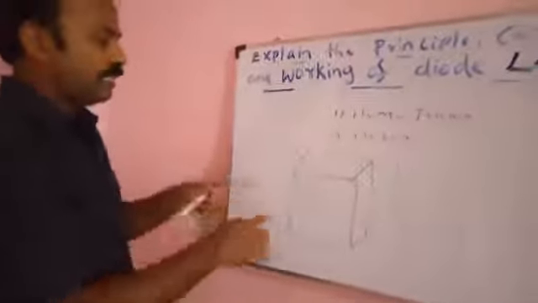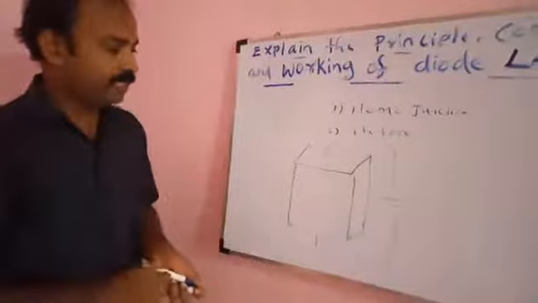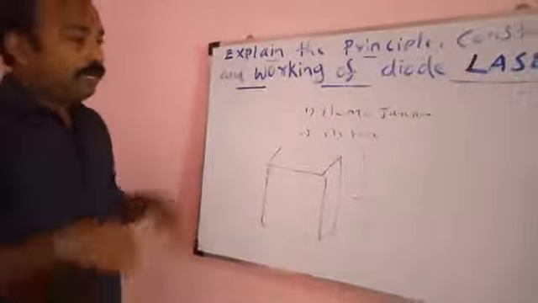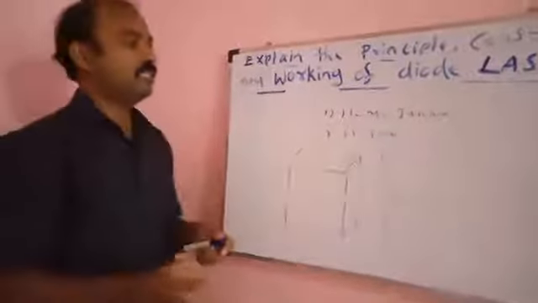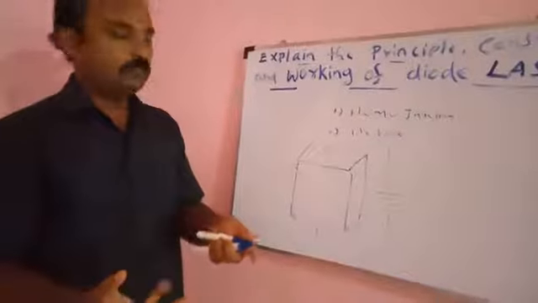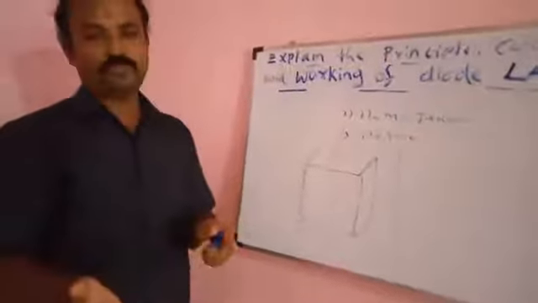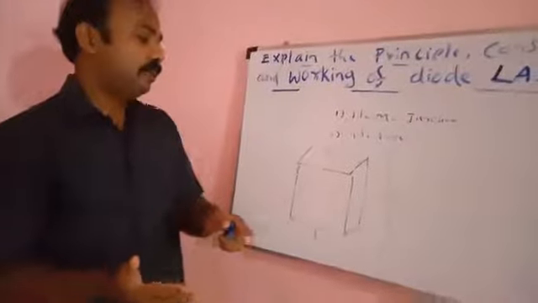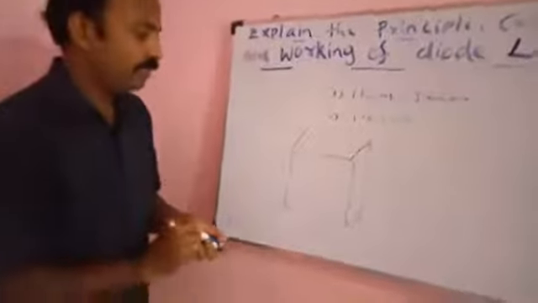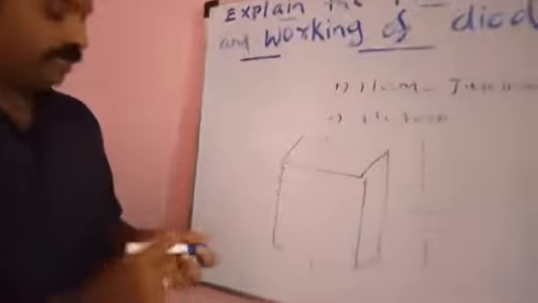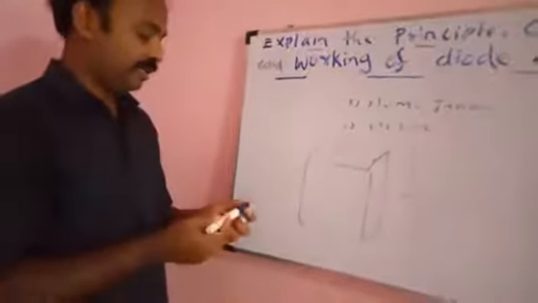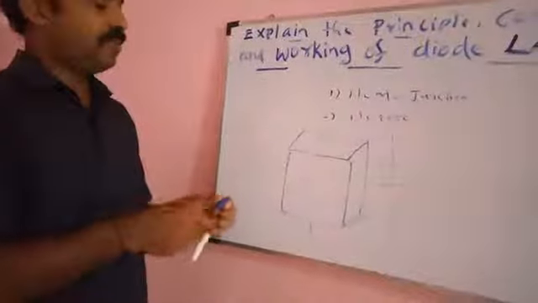So this is the construction, which consists of five layers. I already told you that a heterojunction diode laser has different types of semiconductor on both sides of the junction. Out of the five layers, the first three layers are made of p-type semiconductor.